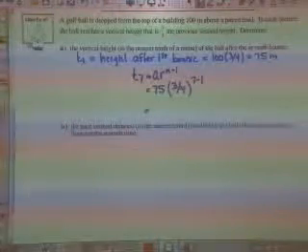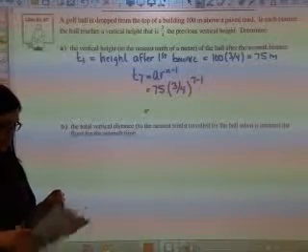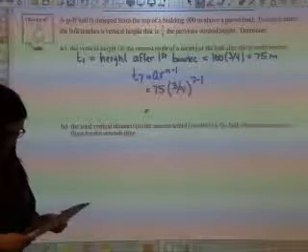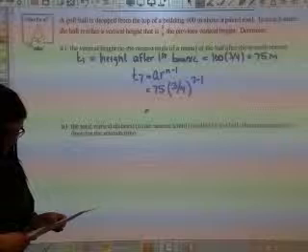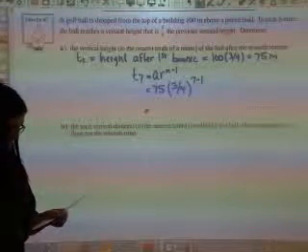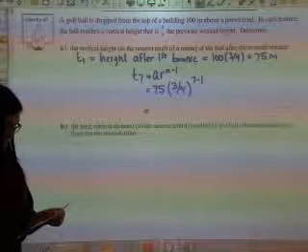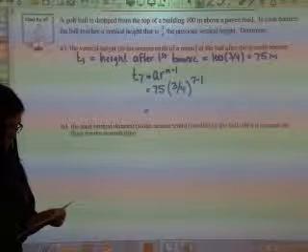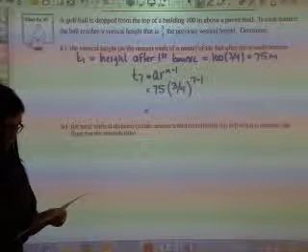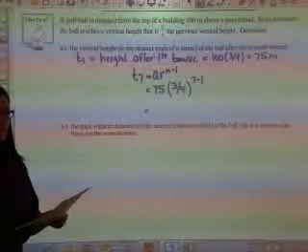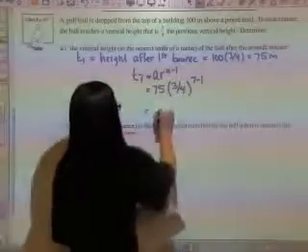Tell me what the height would be to the nearest 1/10 of a meter. What'd you get, Rachel? 13.